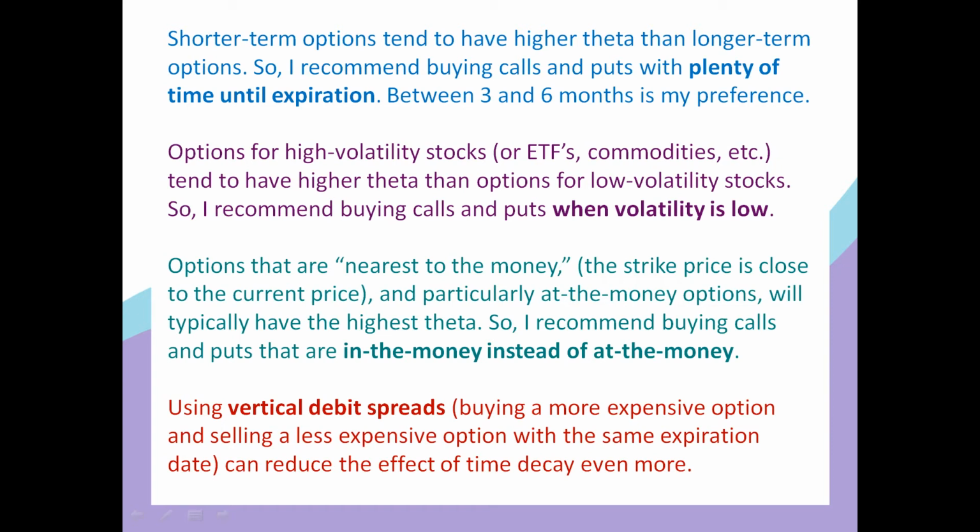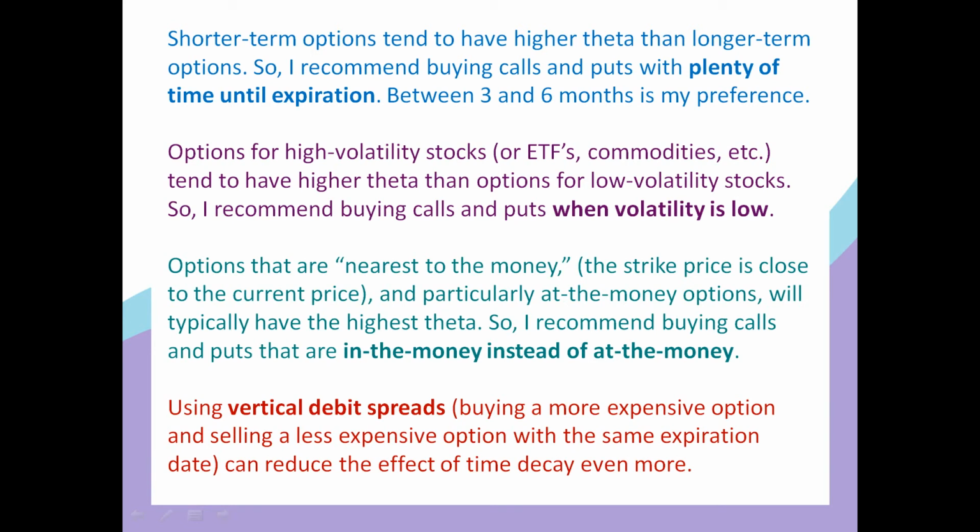And finally, using vertical debit spreads, which a very simplified explanation is buying a more expensive option and then also selling a less expensive option with the same expiration date and for the same underlying asset, for the same stock or whatever.